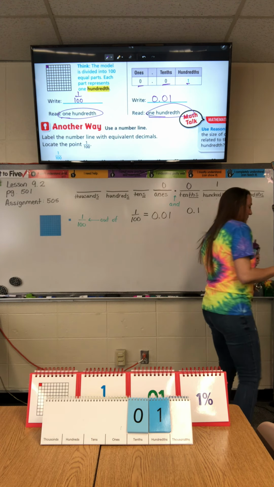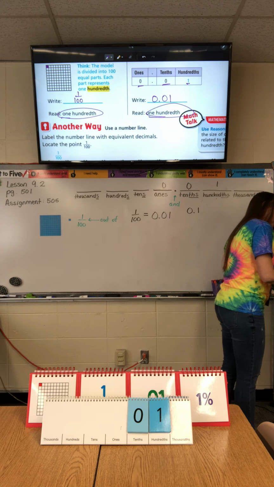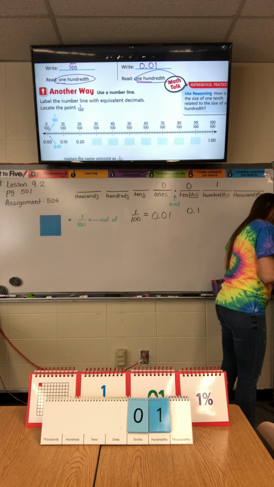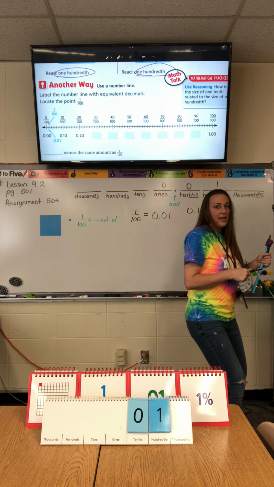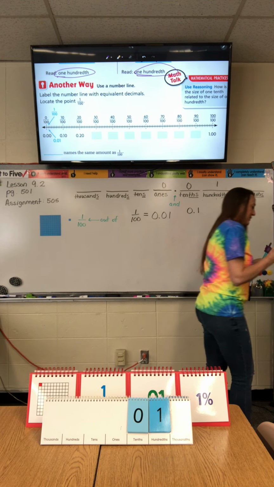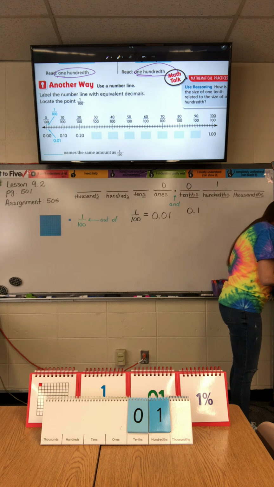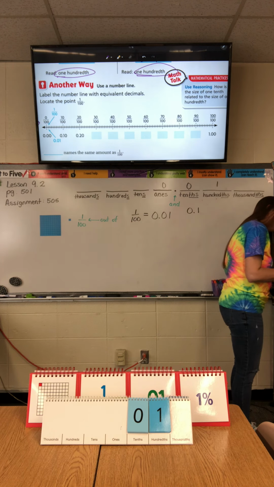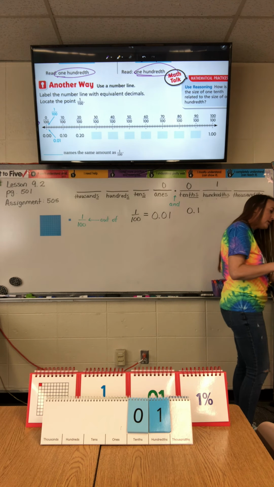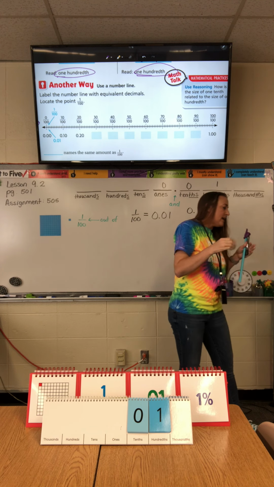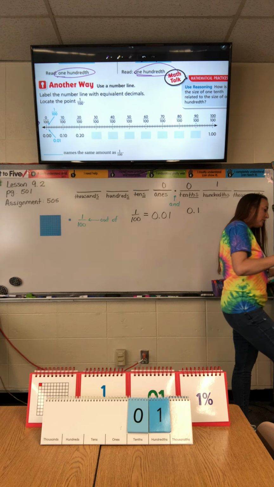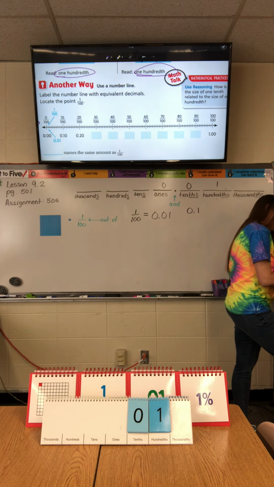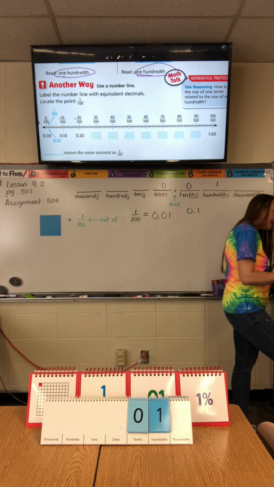Okay. You can also, of course, use a number line, just like we did yesterday, or a few minutes ago for me. Okay, so they've already done all the fractions up here, and they've broken that number line into 100 parts. And they've only written the fractions, if you'll notice, they've written 0 hundredths, then 10, then 20, then 30.